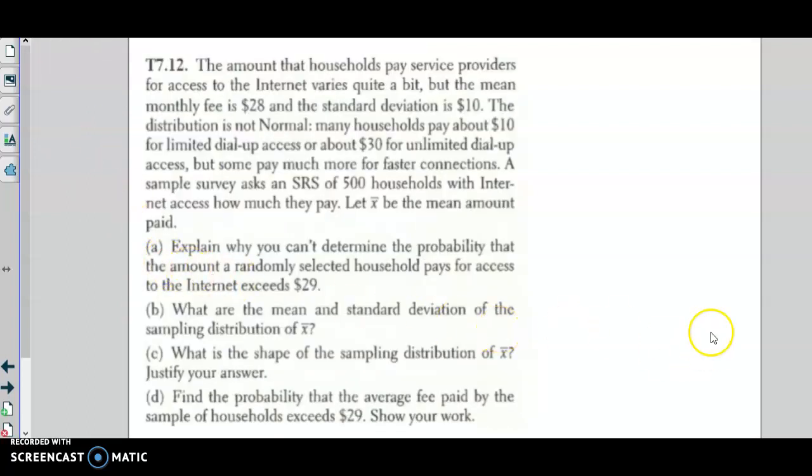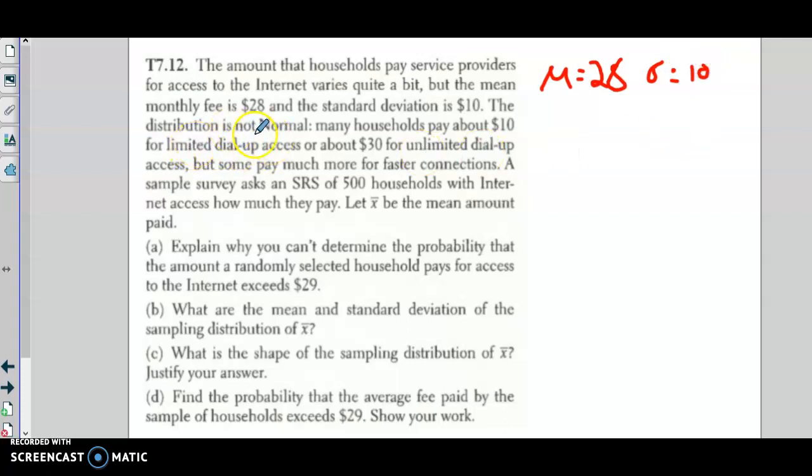All right, question 12. The amount that households pay a service provider for internet varies quite a bit, but the mean monthly fee is $28. So mu is $28, and the standard deviation, sigma, is $10. Let me write that down before I forget it.